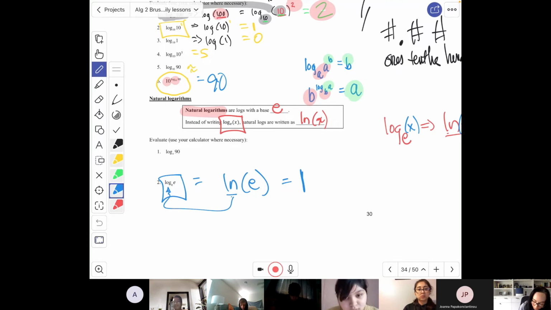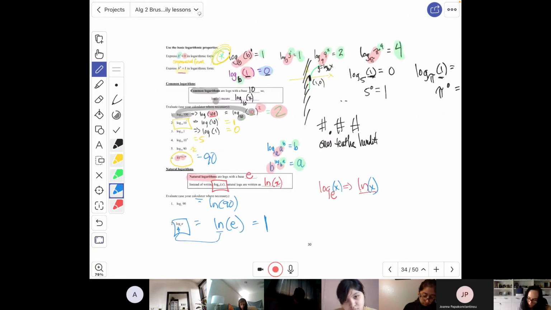Now, this is the same thing as ln of 90, and guess what? Right below the log button on your calculator is the natural log button. So the calculator can do common logs and natural logs easily with these two buttons. You just put them in and then input the argument.